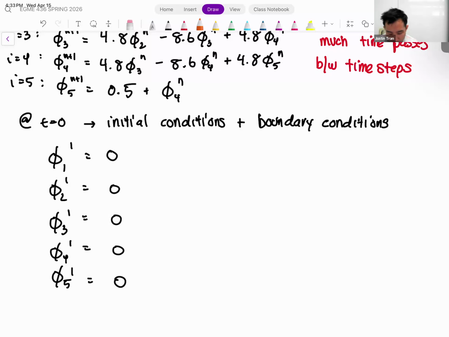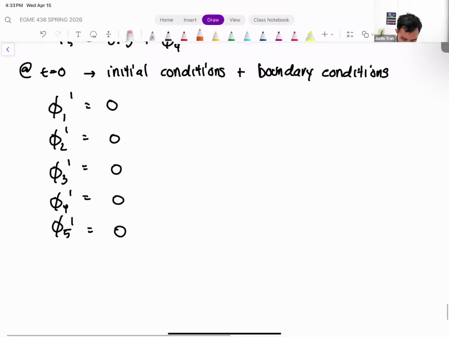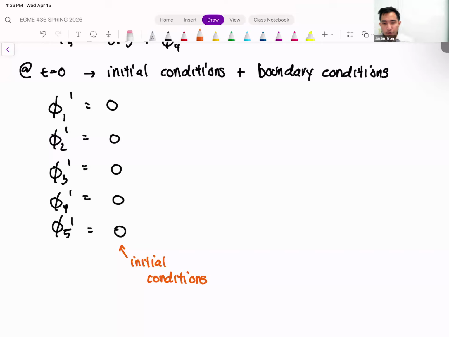All those zeros represent our initial conditions. But of course, for the first phi value and the last phi value, we're going to adjust their values based on the boundary conditions. So for phi 1, instead, we're going to set this equal to cosine of pi times t at 1.